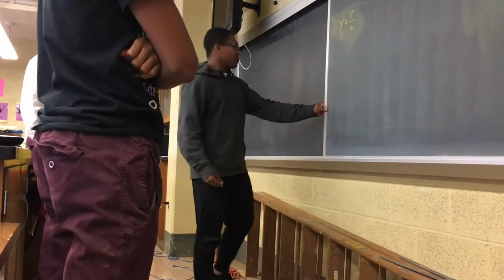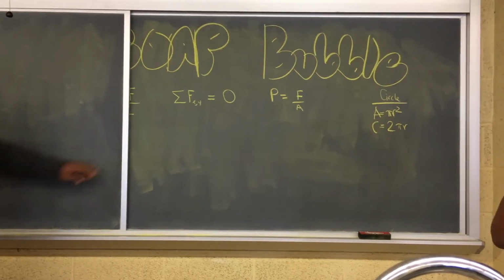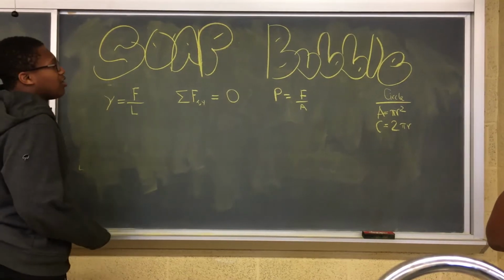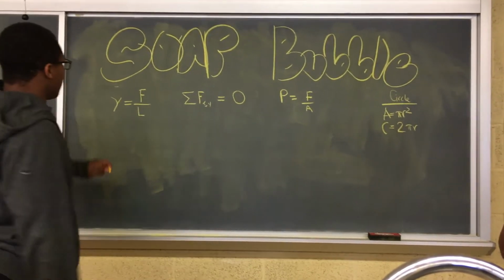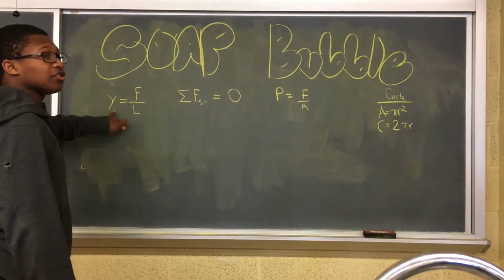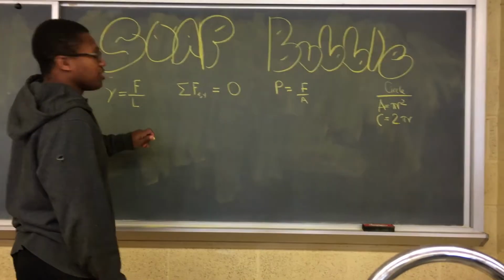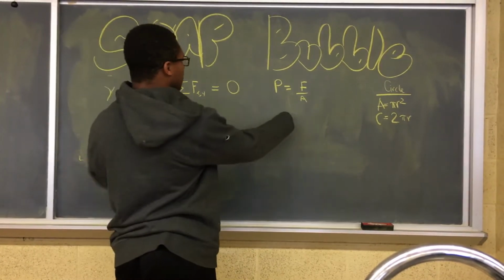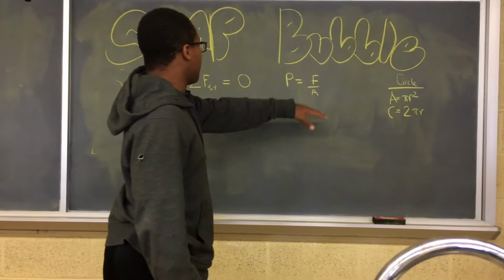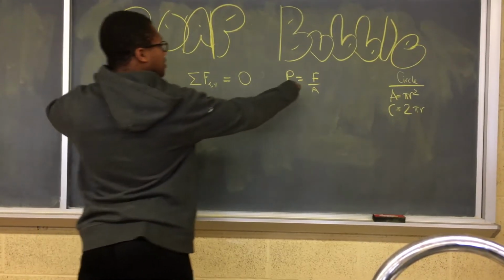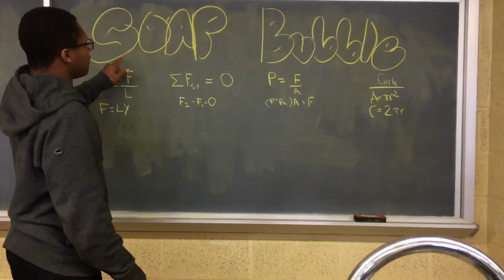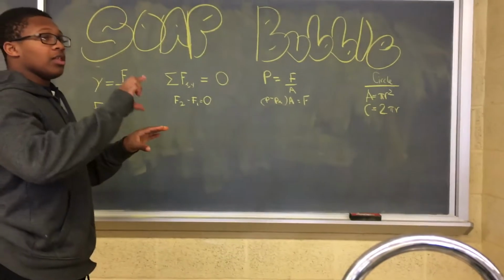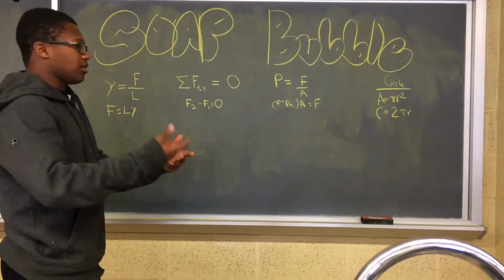Okay, so the soap bubble. We already have the formula for surface tension. But we can also apply different physical principles. Pressure equals force over area. So force is the common thing in each of these. There's a pressure difference between the outside of the soap bubble and inside the soap bubble.